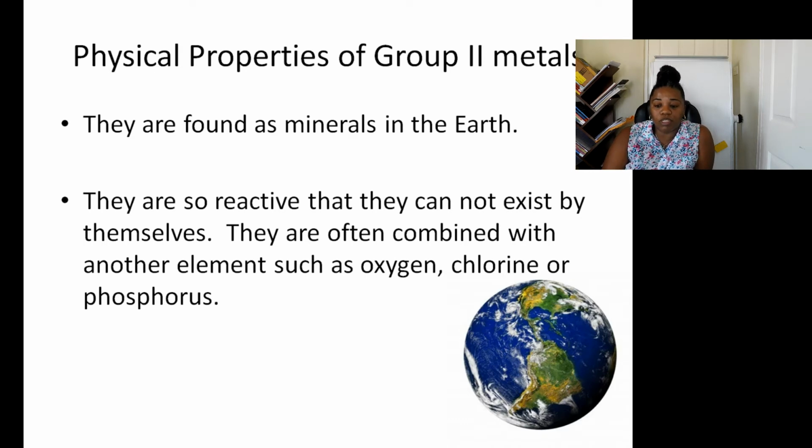So that's what I mean by they can't exist by themselves. You wouldn't hear, oh, calcium itself was found in the earth today. No. It's usually calcium oxide, calcium sulfate, some type of calcium, something. It's like a salt, or oxide, or chloride. It's always combined with something because it's so reactive, right?